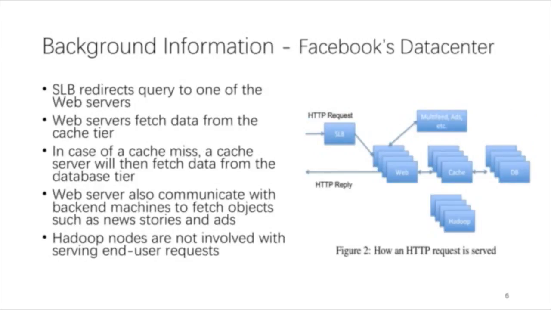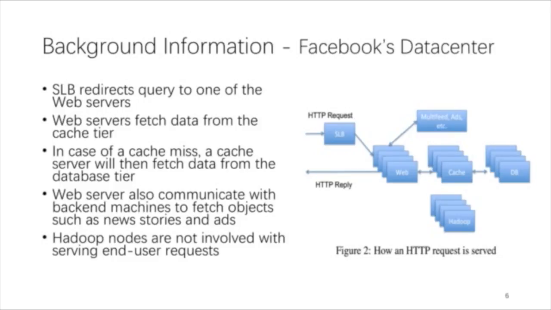So now let's look at how it works. So as we know, Facebook is a social media website, so it has to deal with those HTTP requests. So when the requests come in, first it goes to the load balancer, and then the load balancer will direct the request to one of the web servers.